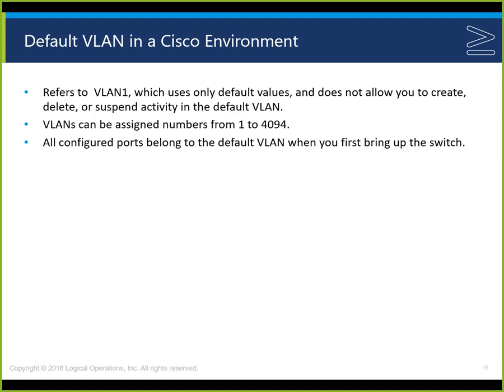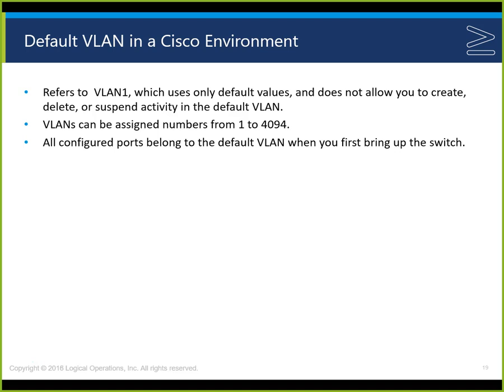Default VLAN 1, we saw when I did the show VLAN, which was the one thing that did work in Packet Tracer the first time around. The default VLAN 1 uses only default values, and doesn't allow you to create, delete, or suspend activity in the default VLAN. It's there. We can't make it go away. We can't delete it.